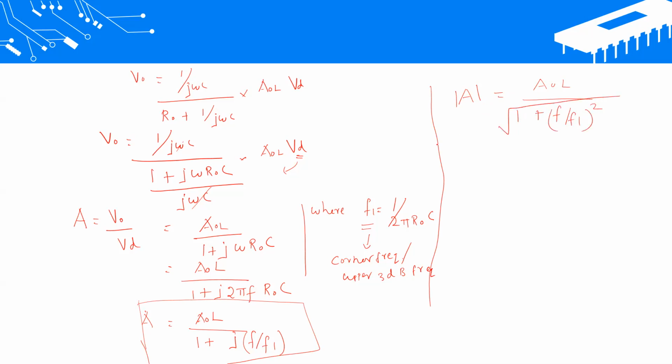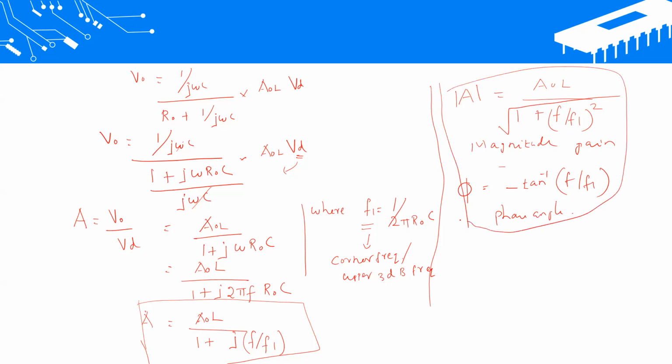We have to square and take the root for the absolute value. This is called the magnitude. Then for the phase angle, phi equals minus tan inverse f by f1. Like this we are finding the magnitude and phase angle.